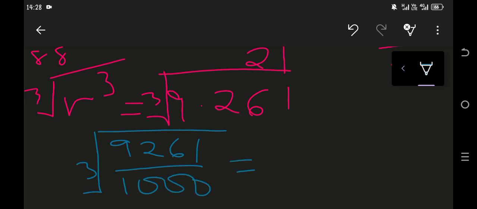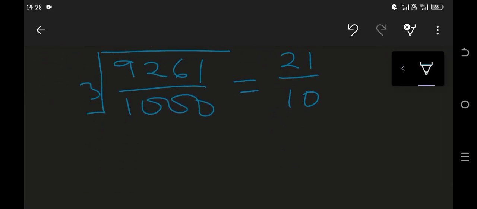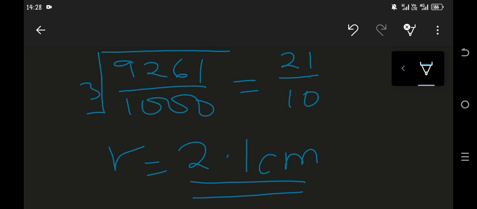So you get the cube root of 9,261 should be getting here to be 21 all over the cube root of 1,000 is 10. So in this case, the radius is going to be 2.1 centimeters. Do not forget the units. The units are very important.